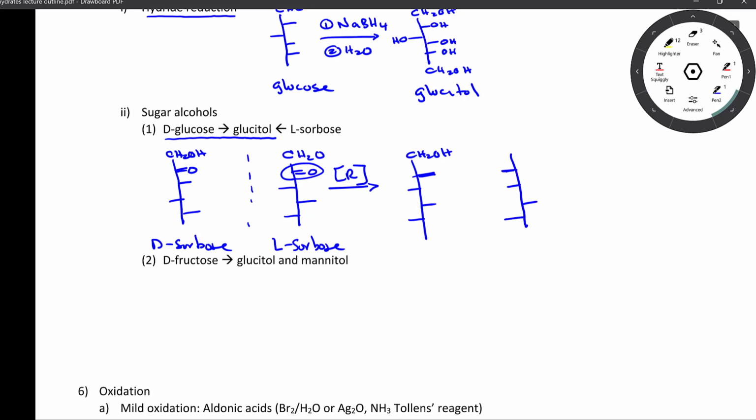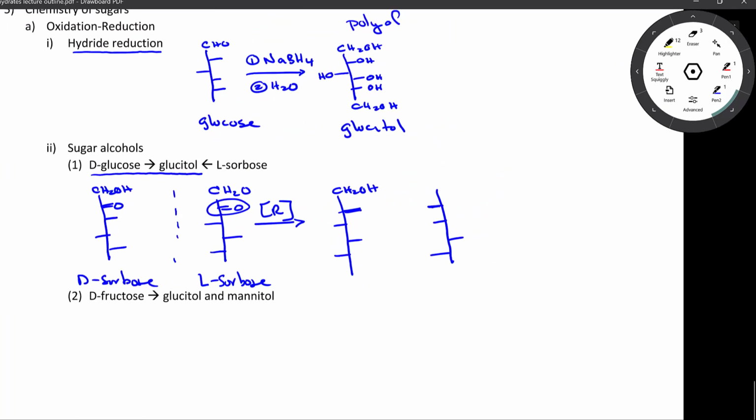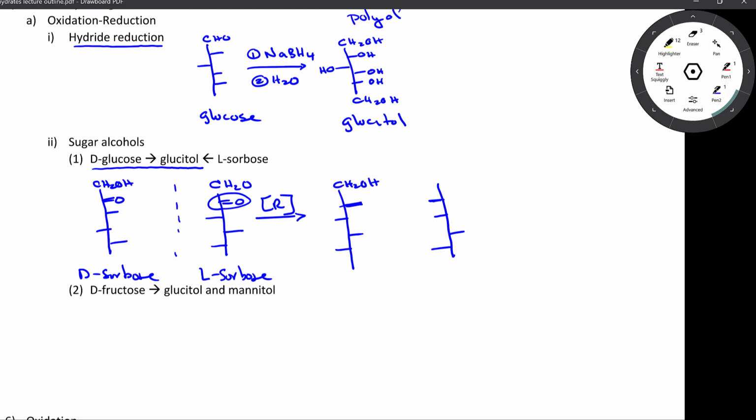Okay, so now if you take this compound and you flip it over, now let's reduce glucitol to its key structure. If you take this and you flip it 180 degrees, that is, you flip it over, you'll get the same molecule.